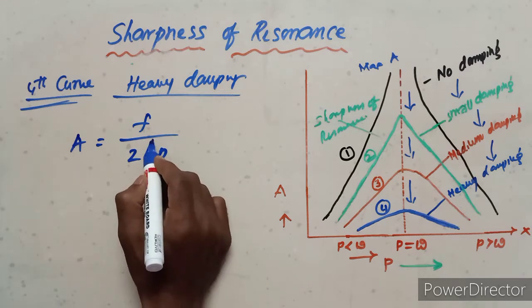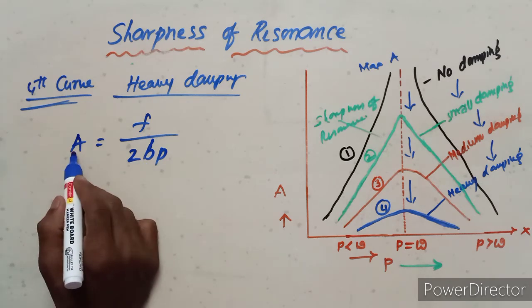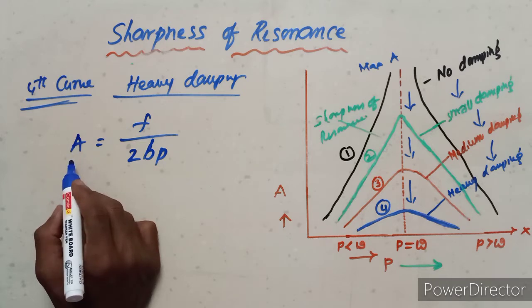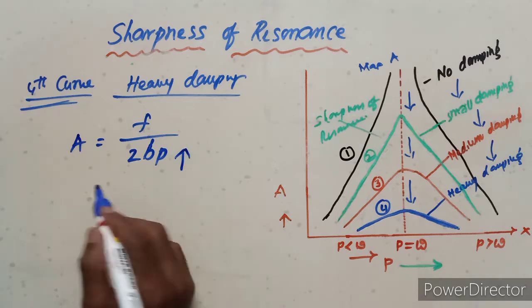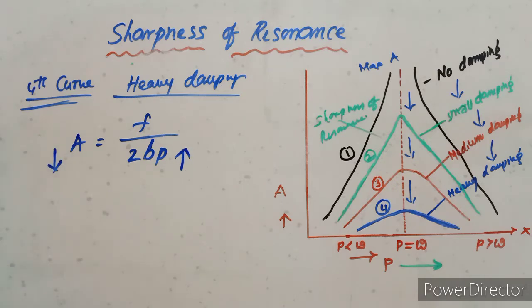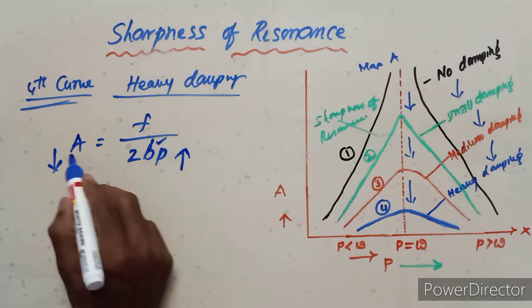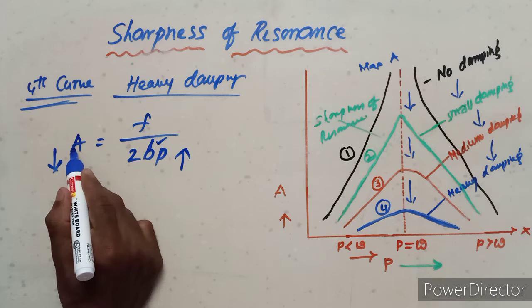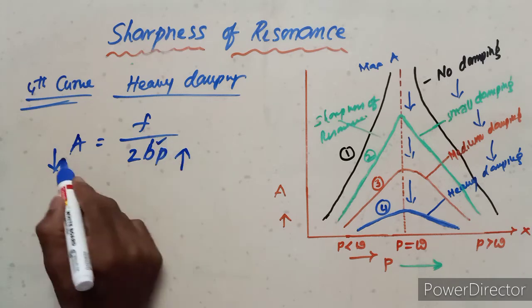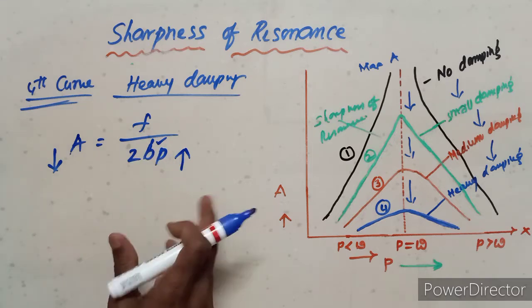In this condition b is very large, so the amplitude is totally decreased. When b is very large, the amplitude is very decreased; when b is small, the decrease is small. Okay, these are the four curves.